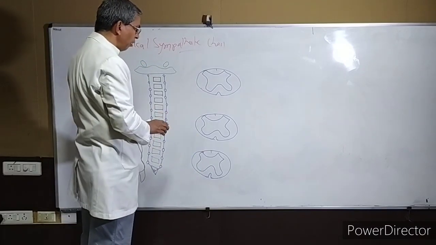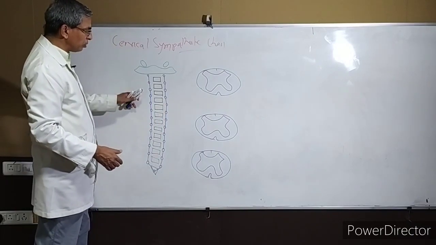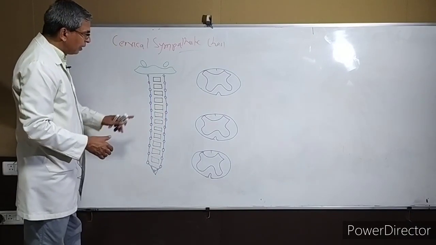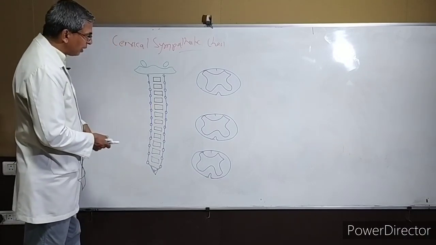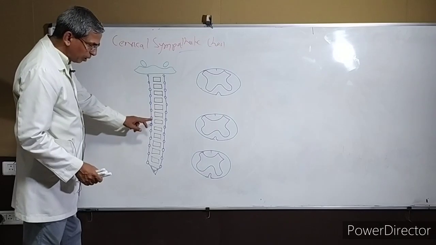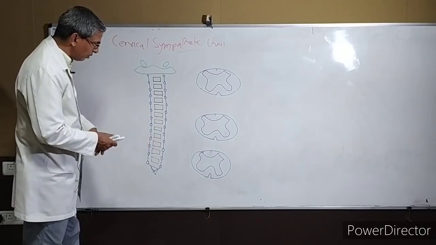Now, how is the sympathetic chain formed? As you know, the sympathetic system is also known as the thoracolumbar system. Thoracolumbar means the nerve fibers arise from the thoracic segments of the spinal cord and the upper 2 or 3 lumbar spinal segments.